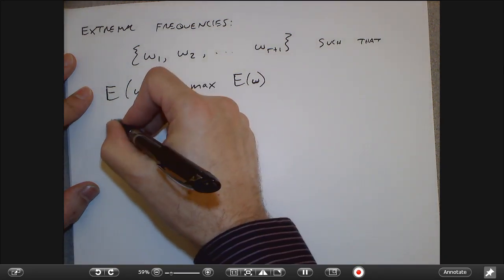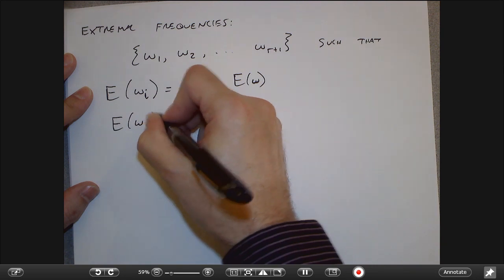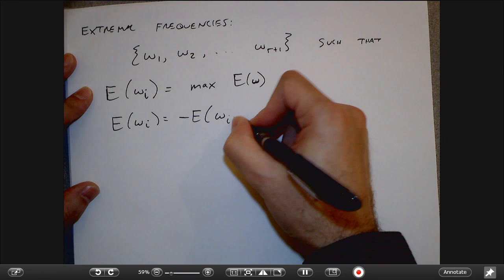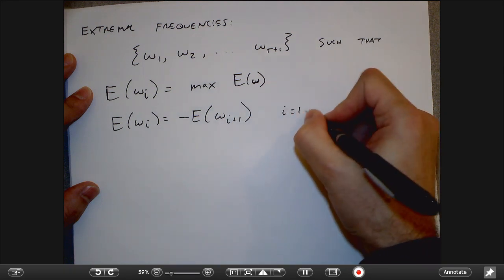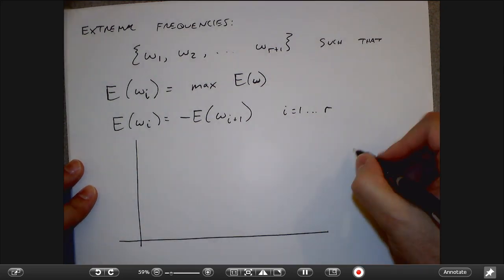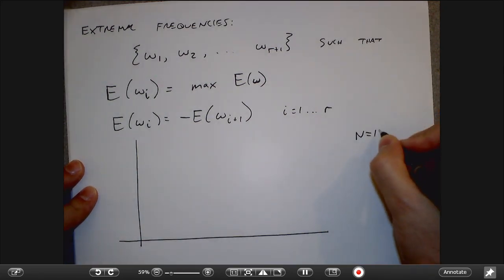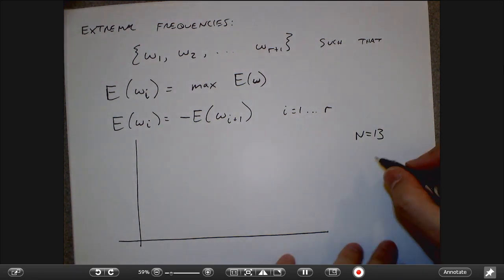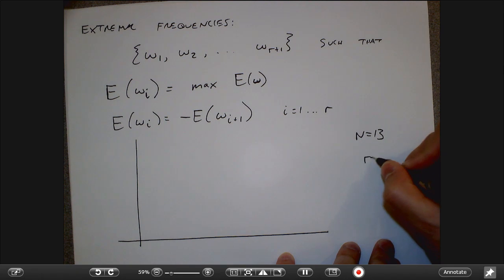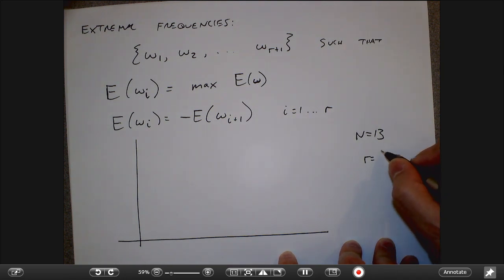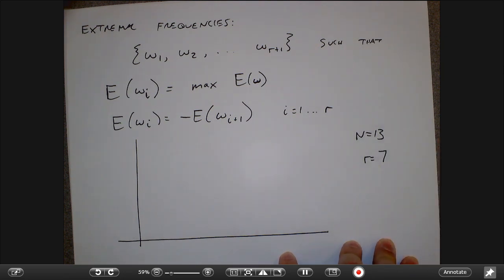And it also says that the error has to kind of bounce back and forth between positive and negative. Right, so let me draw this again. So let's suppose, for example, that I have a length n equals 13 FIR filter, okay? So my R is going to be 7, right? I'm going to have 7 cosines.